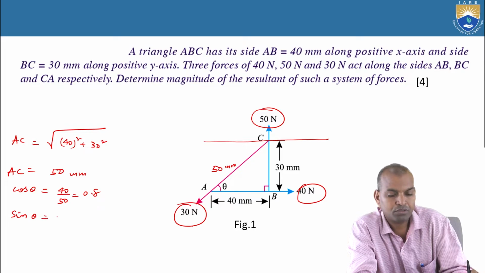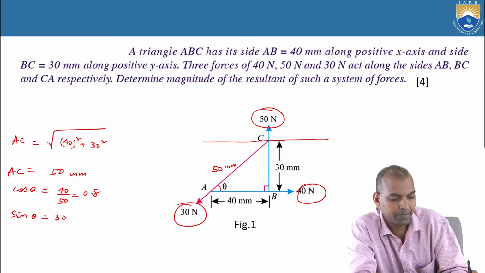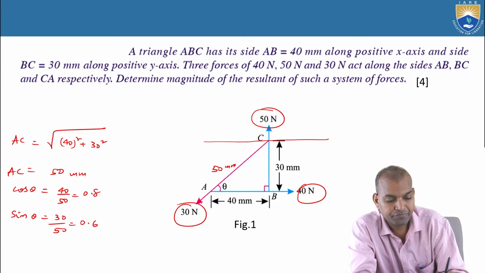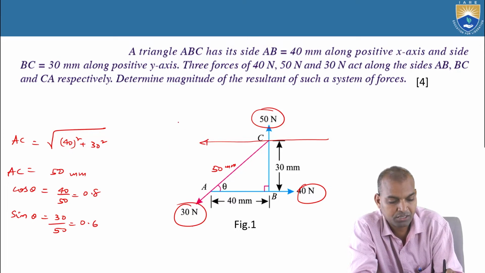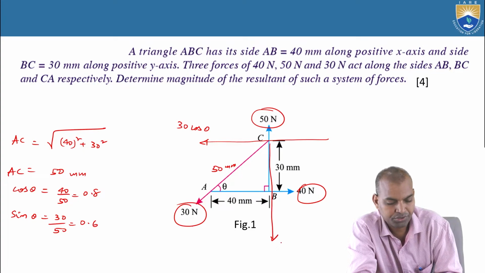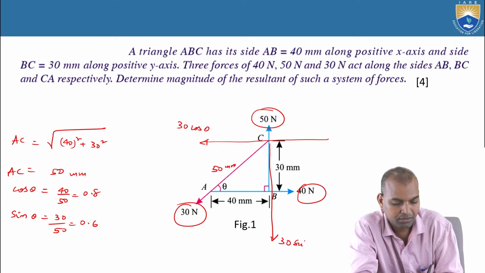Sin theta equals opposite side by diagonal, 30 by 50, that is 0.6. Now resolve this 30 newtons force horizontally and vertically. Horizontally it is 30 cos theta. Vertically it acts downwards, that is 30 sin theta.